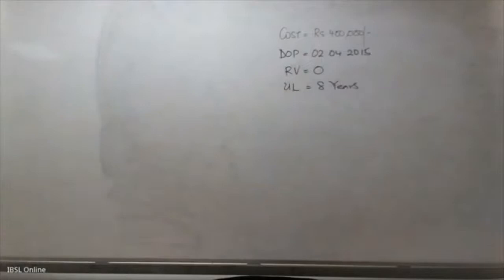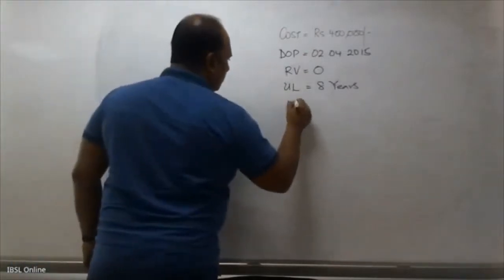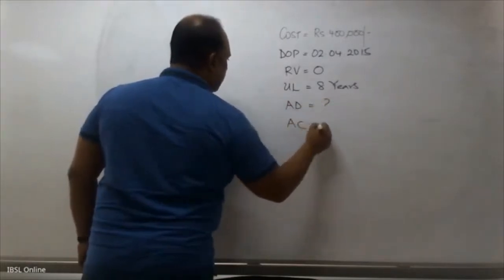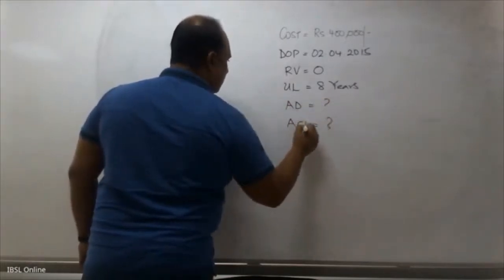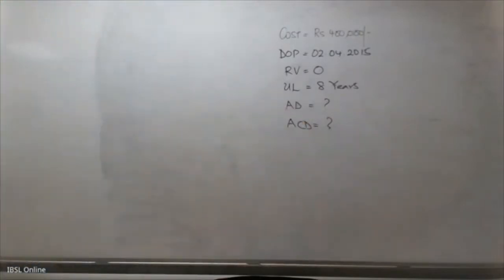So the question is, what is the annual depreciation and the accumulated depreciation, ACD? I'm using some short forms.